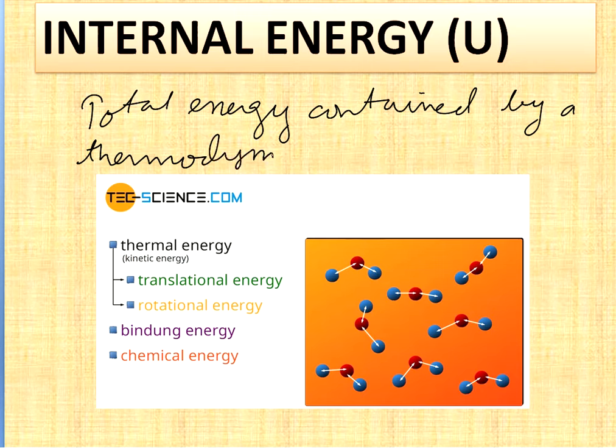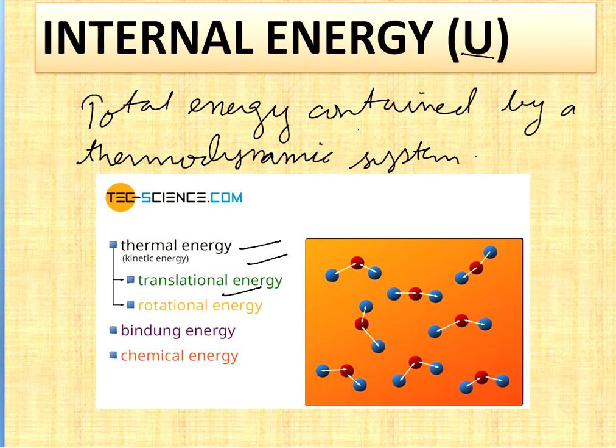The energy of atoms, molecules, the interactions, all the energies come under internal energy, which is denoted by U. This energy involves thermal energy, rotational energy, translational energy, all of this.